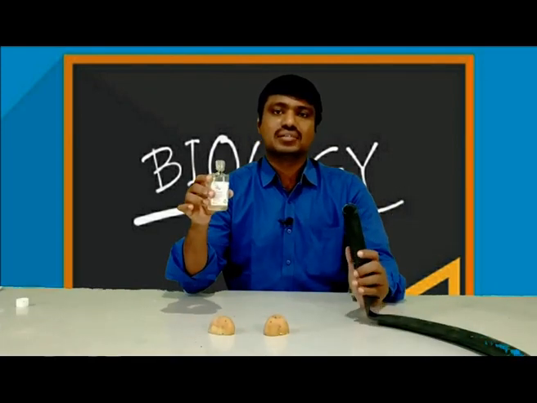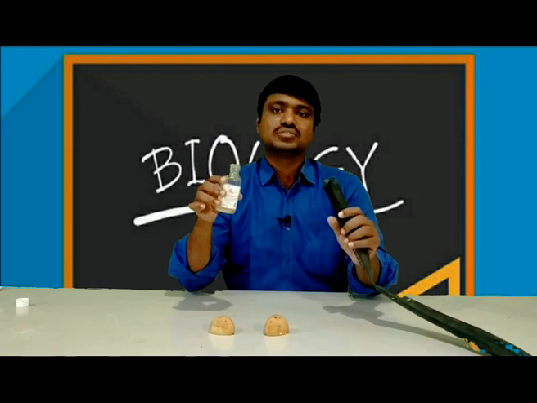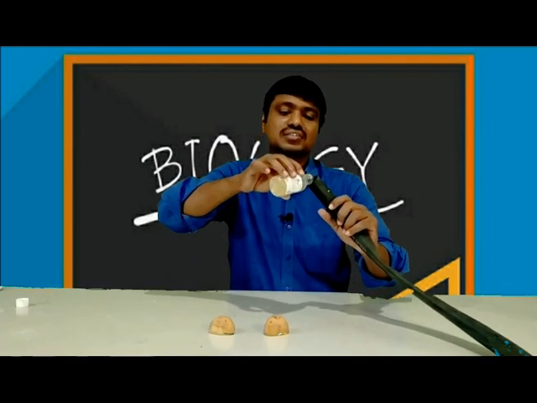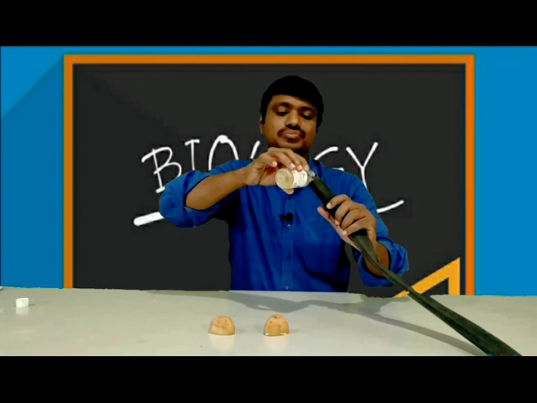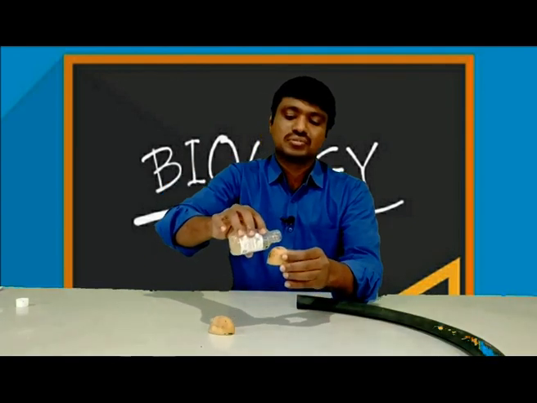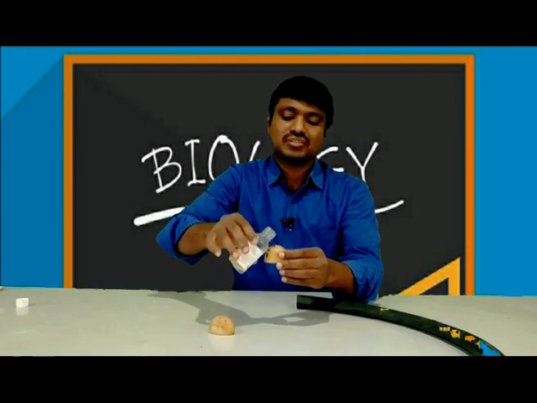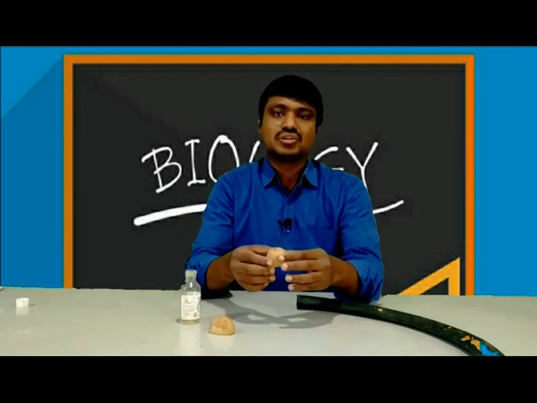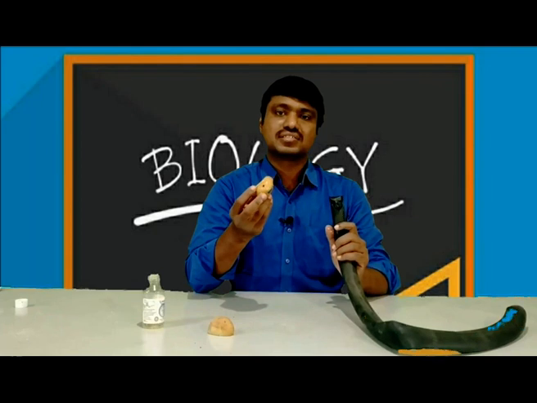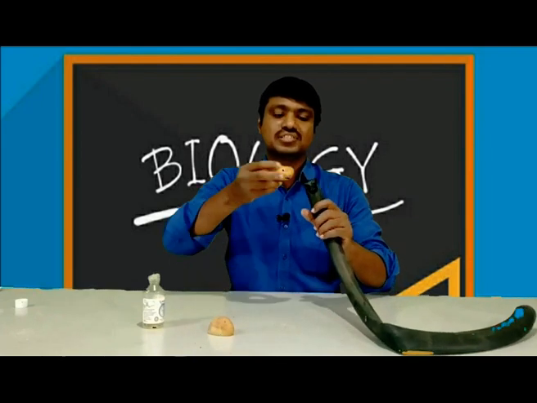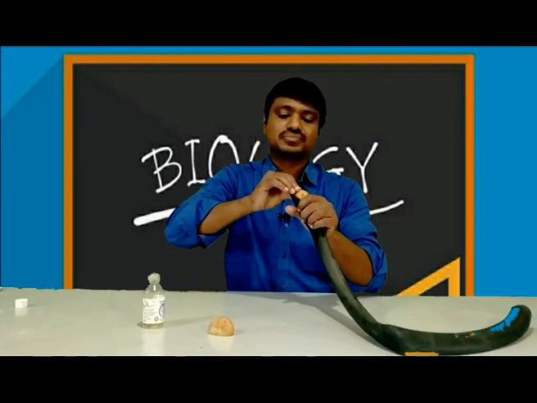Take oil, pour this oil along the inner walls of the cycle tube. Also add some oil on the potato. Now insert this potato into this cycle tube.